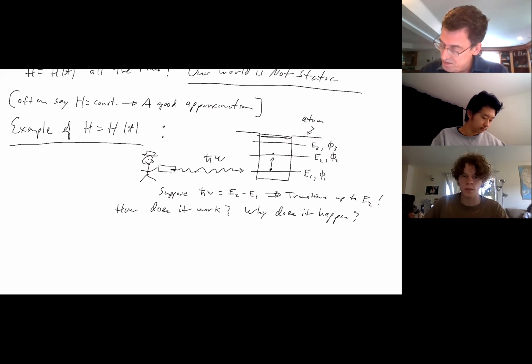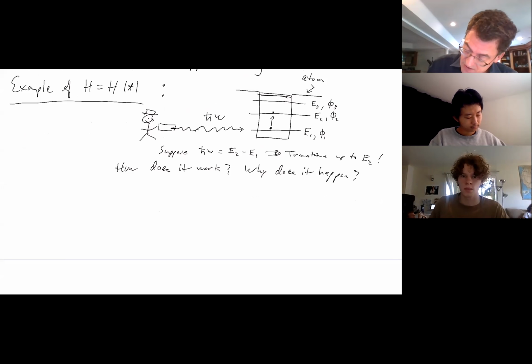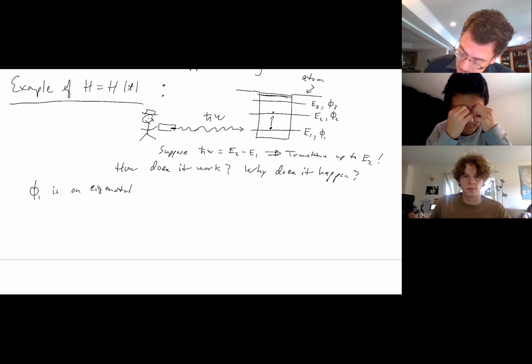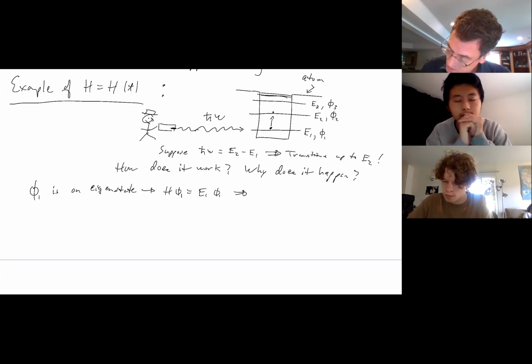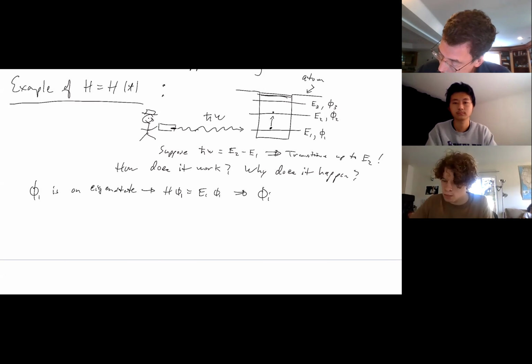And it's not completely obvious, because if you look at it, you remember that phi 1 is an eigenstate, meaning that H phi 1 is equal to E1 phi 1. And that means that phi 1 should be a stationary state.